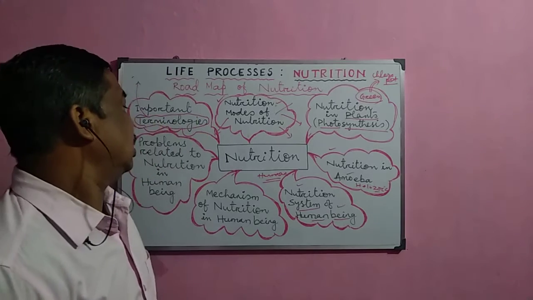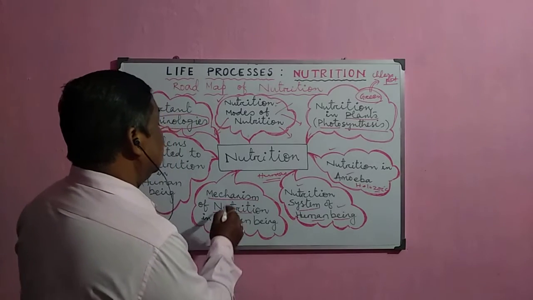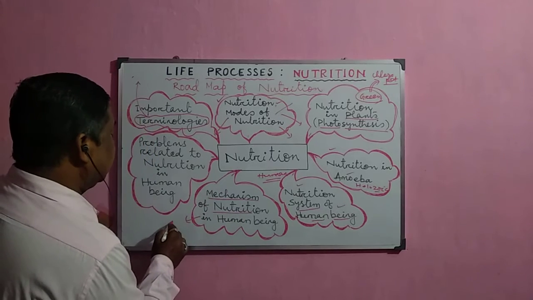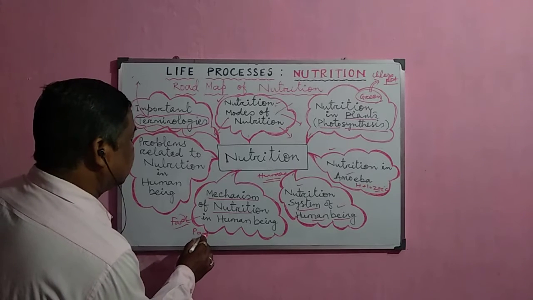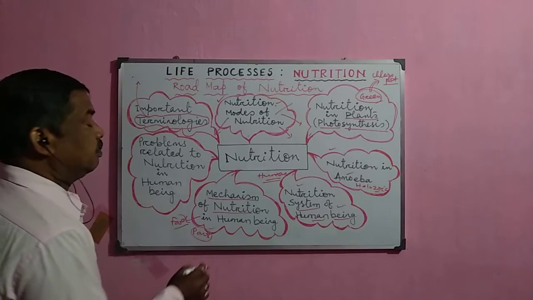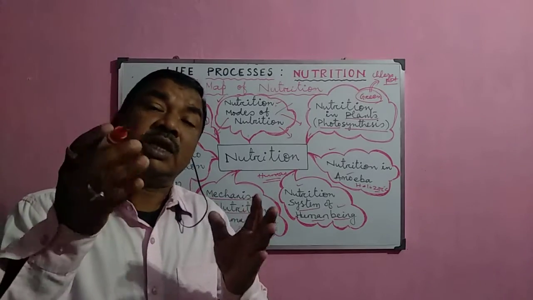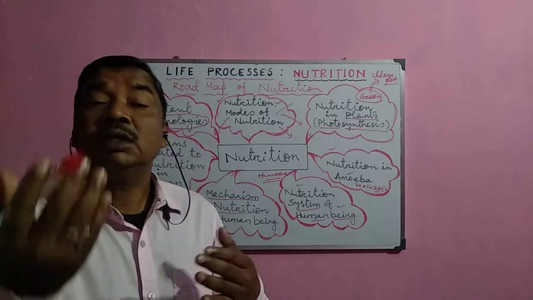So here, how this mechanism of digestion occurs, on the basis of the different types of food, on the basis of the parts of the digestive system. Suppose in case of the buccal cavity, what type of digestion occurs and what are the enzymes involved there? The amylase is there, starch is normally digested there.